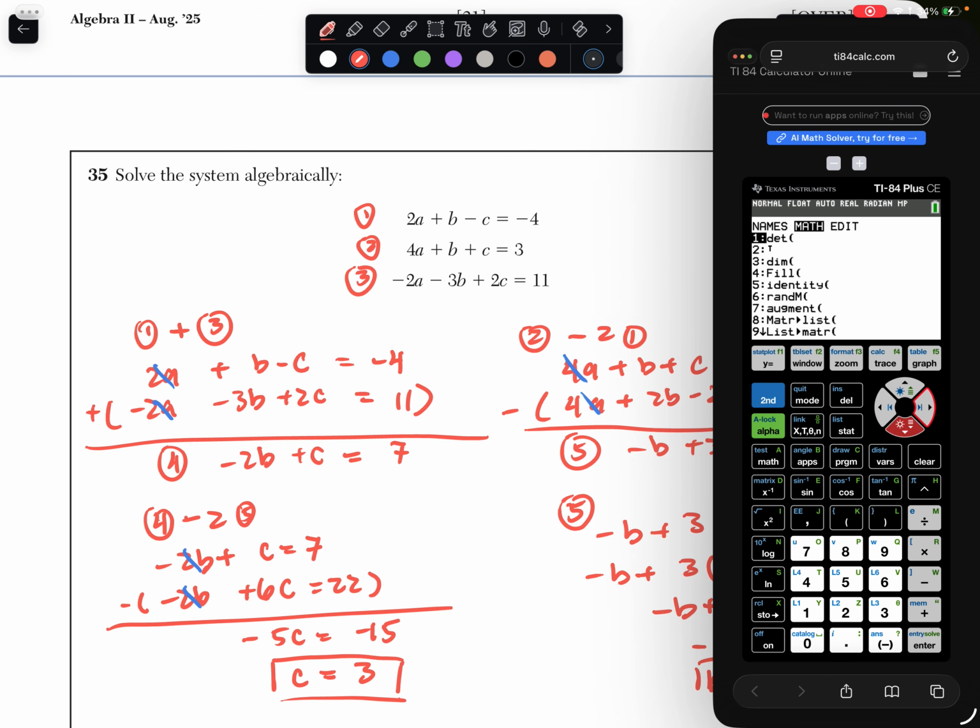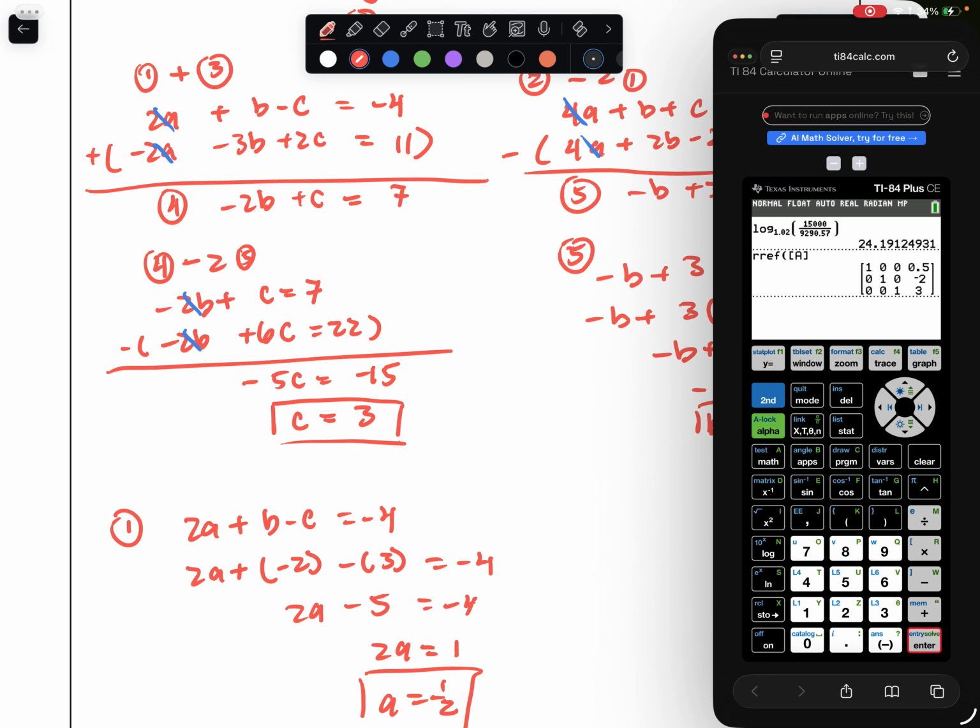Matrix. Sorry, I'm gonna quit first. I'm gonna go to matrix. Then I'm gonna go to math, and then I'm gonna go to RREF, and you will see. So the first row is gonna give me my a, which is 0.5.